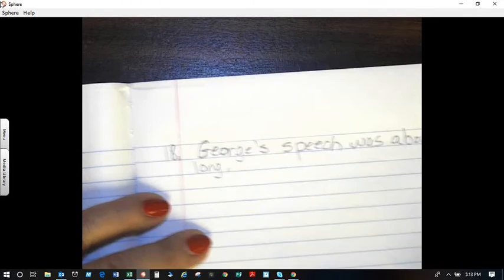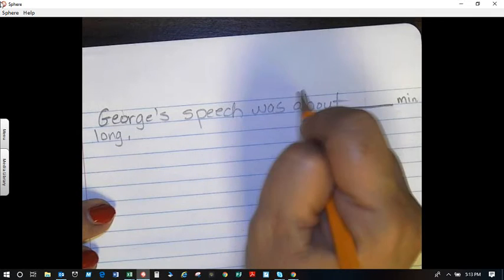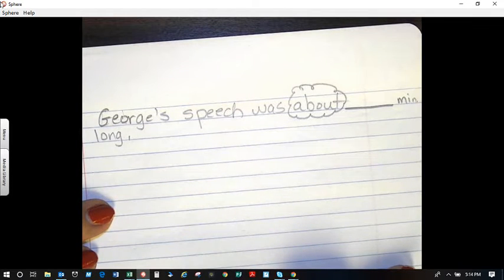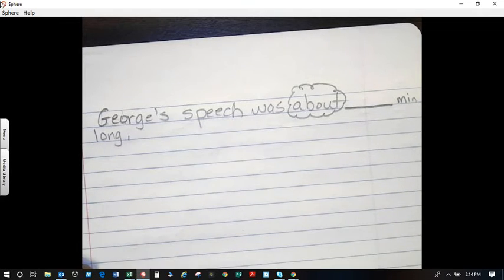Okay, that's what we have to find out. About. See that word again? About. We are not looking for the exact. Because on your test, you were actually solving the problems before estimating. You don't want to do that. You're going to find yourself, it worked on those, but it will not work all the time. So please trust me in that one. Estimate first, then solve. And here it's asking us to.